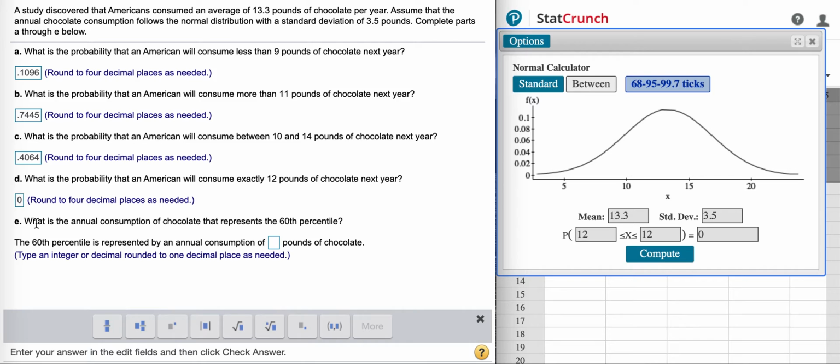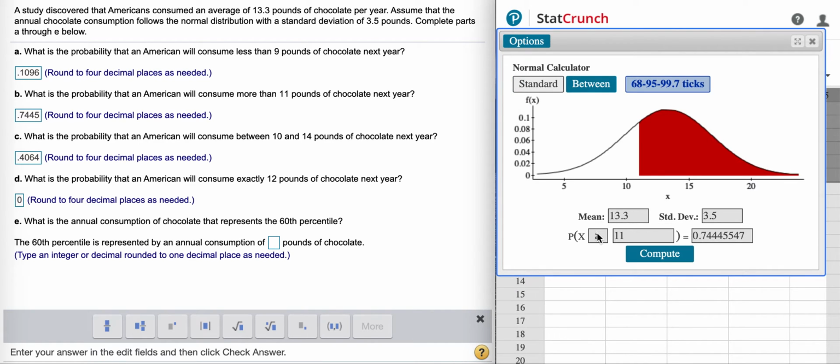Now in E, it says, what is the annual consumption of chocolate that represents the 60th percentile? And so the 60th percentile, remember, is that x value at which 60% of the area is to the left, less than or equal to. So I'm going to set less than or equal to some value, and I want to move this over here somewhere so it's exactly 60%.